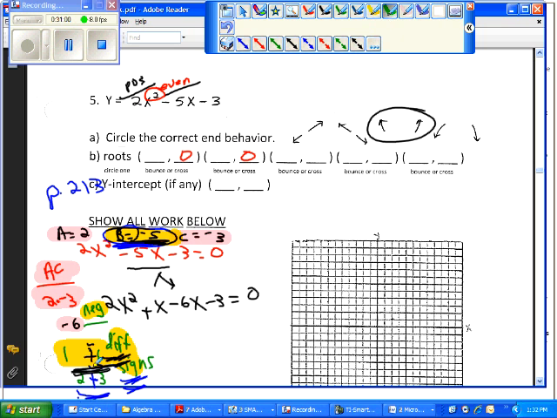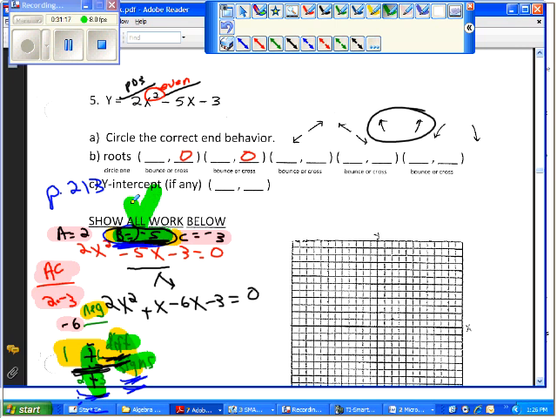And then we said we're going to pick the pair that add to give us the B value using sign rules. When you add or subtract with different signs, you subtract and take the larger sign, which needs to be negative.